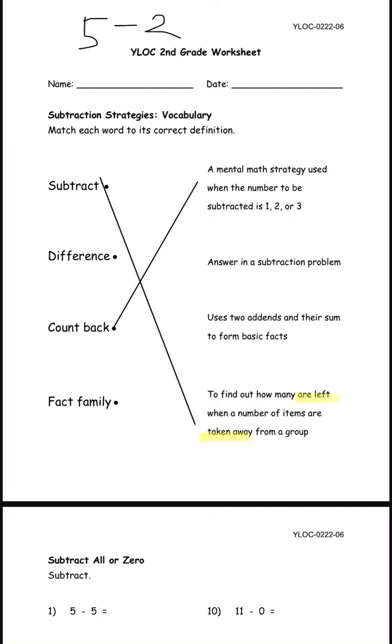The number line is 1, 2, 3, 4, 5, right? And since we're gonna subtract 2, we start from 5 and we count back 2. So we're gonna go 1, 2, and the answer would be 3. So that's how we used count back, a mental math strategy.